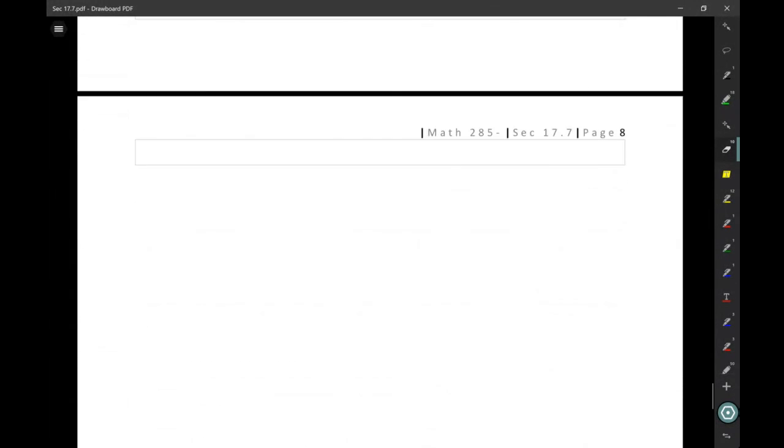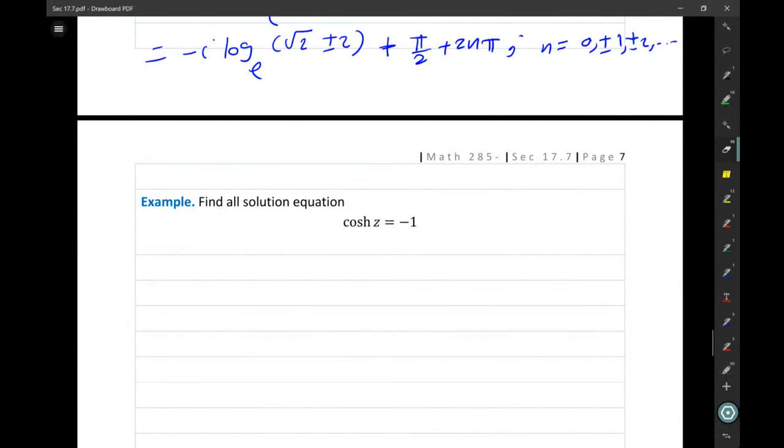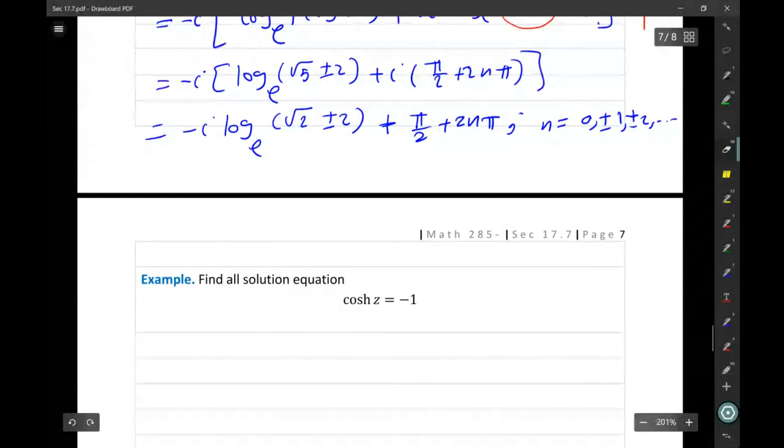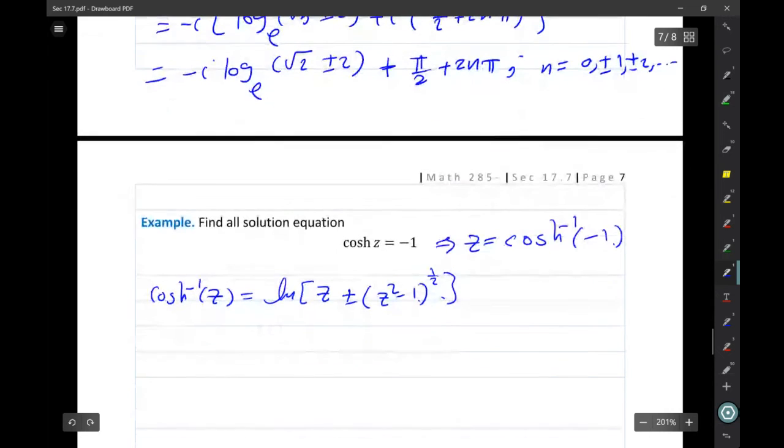Let us do the last example in this chapter. We have to solve cosh z is equal to minus 1. When we say that cosh z is equal to minus 1, that means z is equal to cosh inverse of minus 1. But we know that cosh inverse of any complex z is equal to ln of z minus a plus z squared minus 1 to the power half.